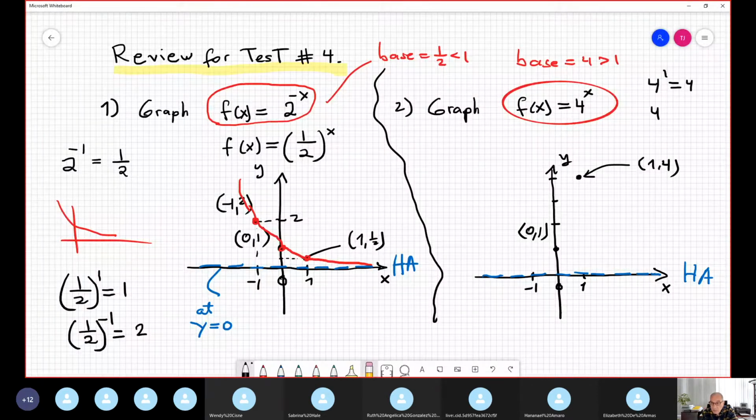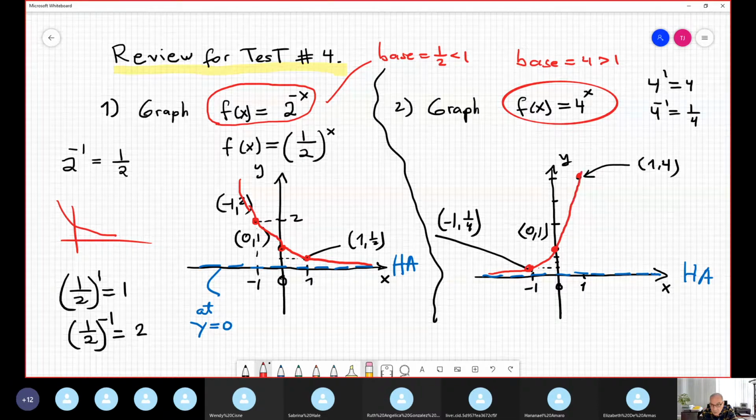And for -1, 4 raised to the -1 is 1/4, so the point is (-1, 1/4). Connecting this point, the universal point, and the other point by a curve, this curve looks like the exponential function. It goes faster because the base is 4. And that's it.